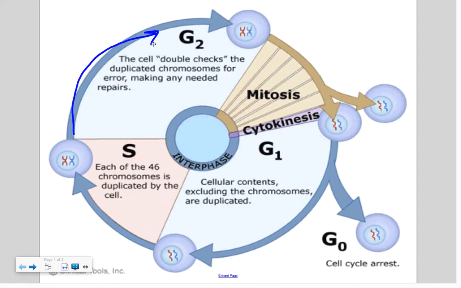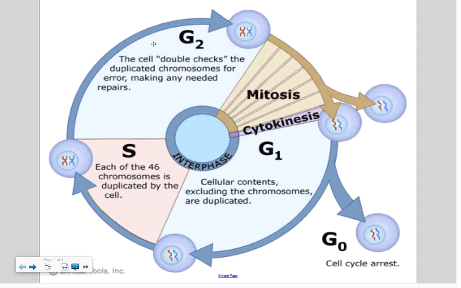Here, we have a fully mature cell that is ready to do its job. Like I said before, if this is a muscle cell, it is ready to contract the muscles. If it is a cell in your digestive tract, it's ready to digest your food.